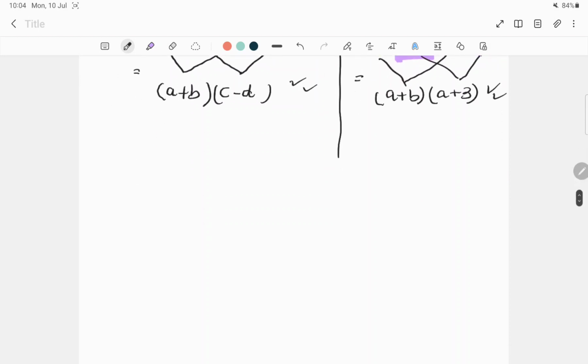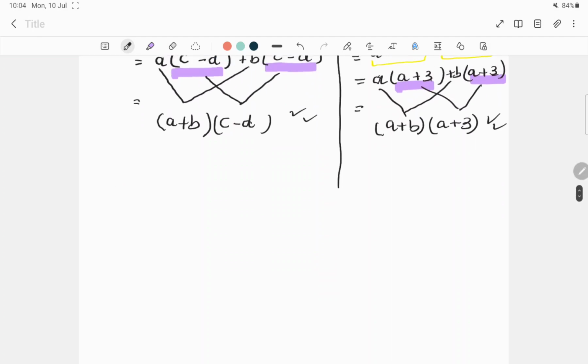Let us try this one, where we have 6 terms. 2p x squared minus 3q x squared plus x squared minus 6p plus 9q minus 3.